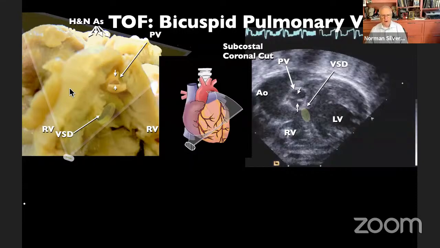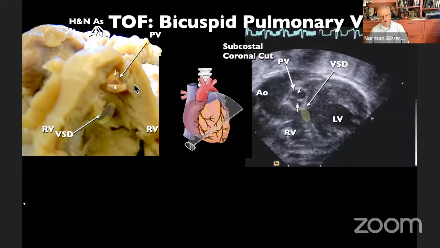Now, here is a heart from the archive in Calgary that I have obtained, and this shows a bicuspid valve from the right ventricular outflow tract view. Here's the ventricular septal defect. The right ventricle is hypertrophied and opened in this direction, and I've transilluminated the valve from above with the flashlight, and here is the echocardiographic equivalent of this in a subcostal coronal plane.